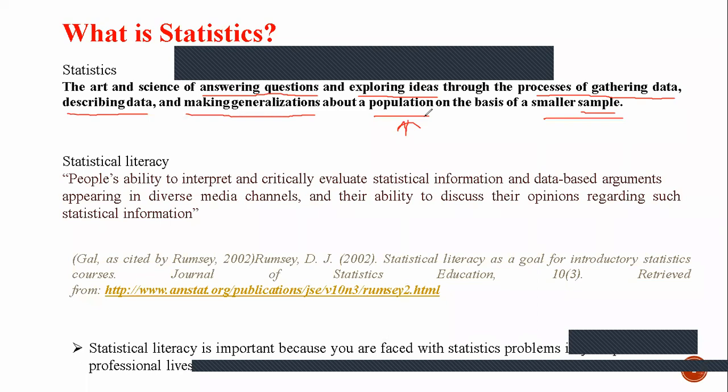But sometimes, if we are trying to gather data from the entire population, it might be very costly. So what we do here is we just take a sample of the university students.